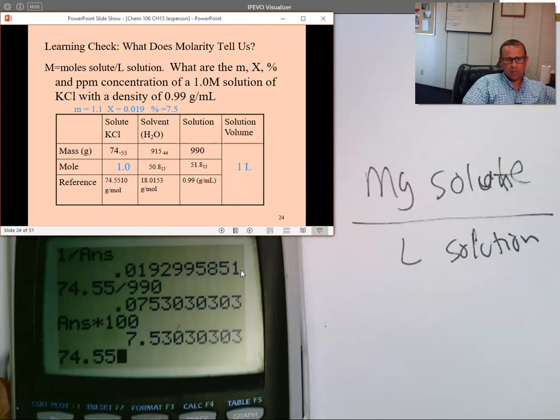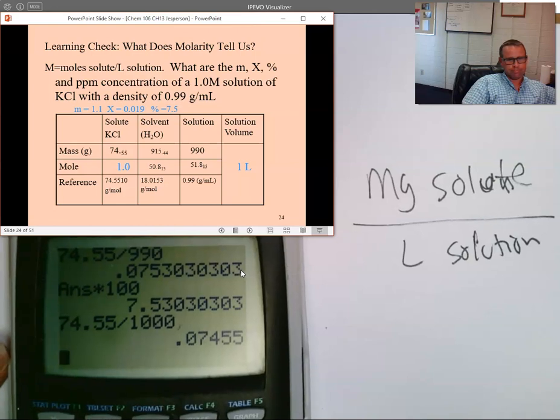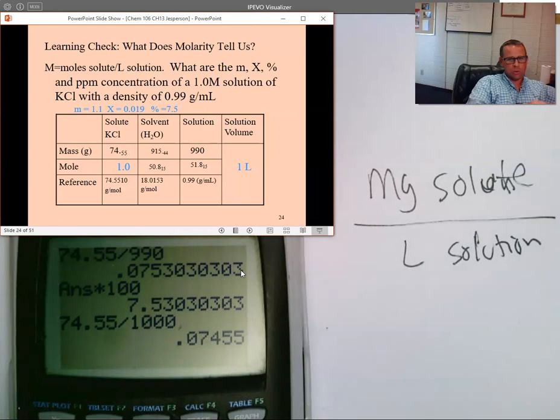Mm-hmm. Divide by 1,000, multiply by 1,000. What do we do? We would be dividing it by 1,000. Okay, so we have the milligrams, and then as far as liters, we have it in liters, correct? Of our solution. That's right. No, you're right.